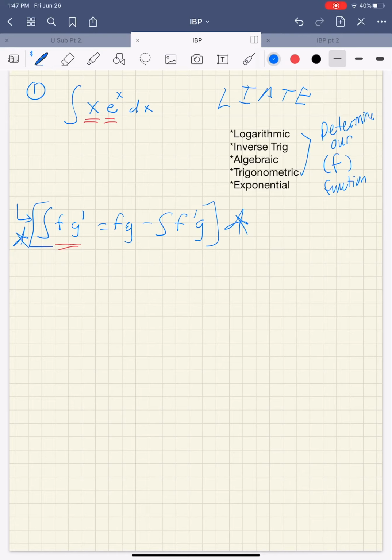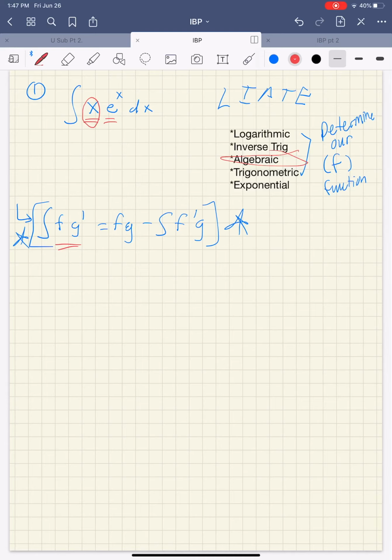So in order to do this, we have to look at what we started with. We have x, and x falls under algebraic. Algebraic is basically any polynomial, any powers of x, like x squared, x cubed, x cubed plus 2x, anything that's not logarithmic, inverse trigonometric, trigonometric, or exponential.